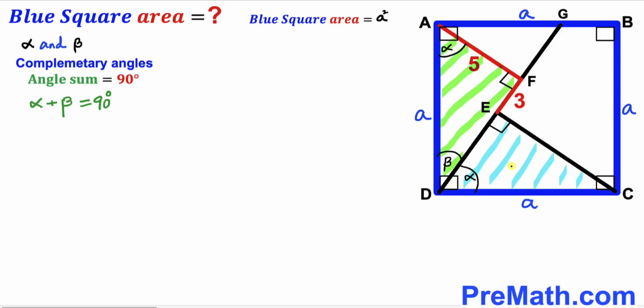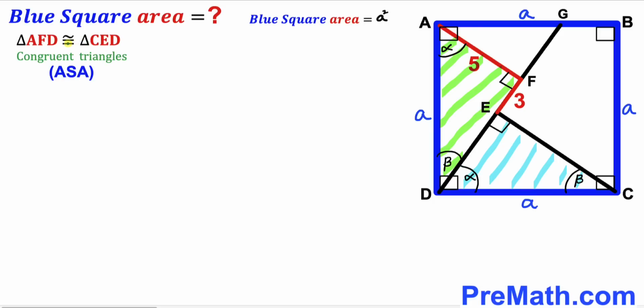Let's focus now on this other right triangle CED. We know this angle is alpha, this angle is 90 degrees, so this angle has got to be beta. So we conclude that these two right triangles, triangle AFD and triangle CED, are congruent triangles according to the angle-side-angle congruency theorem.